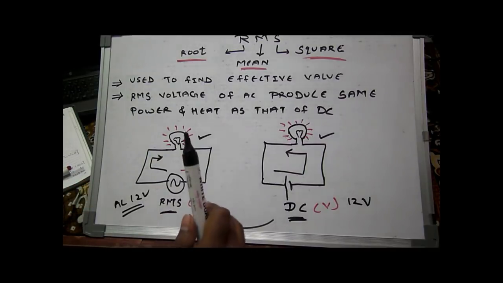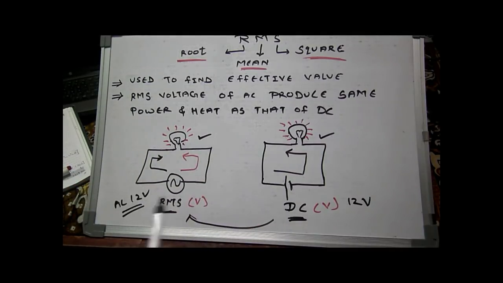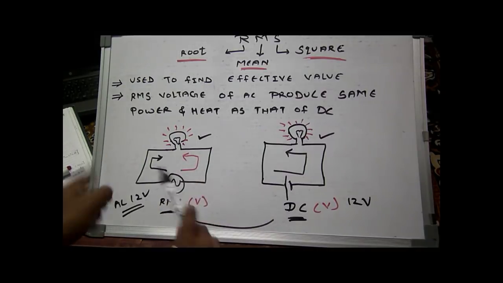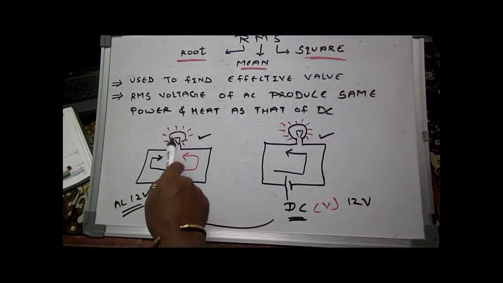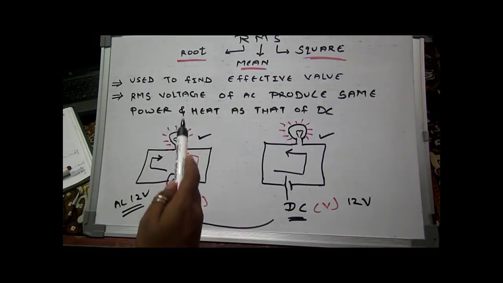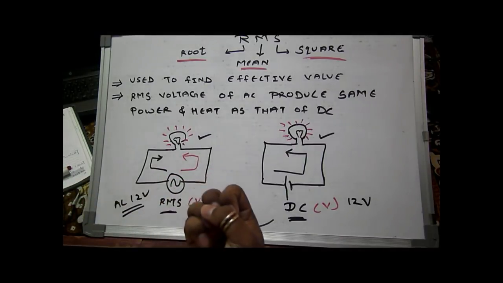For the time being, just remember that if I am giving an RMS voltage, suppose it is 12 volt, then as it is AC, the current will go in alternate direction. First it will go here, then it will go here. The current changes its direction alternately. But this bulb will glow and some heat will be dissipated.